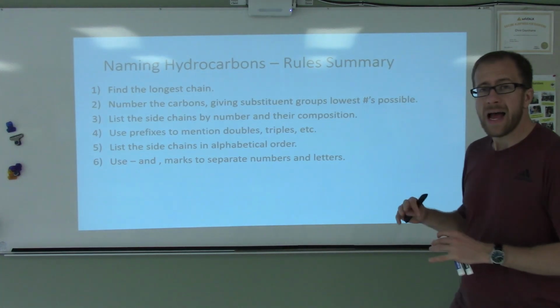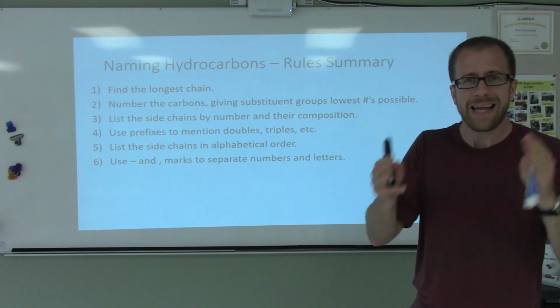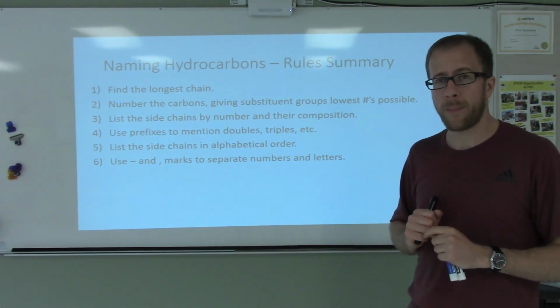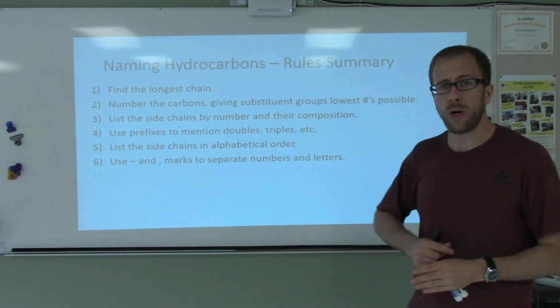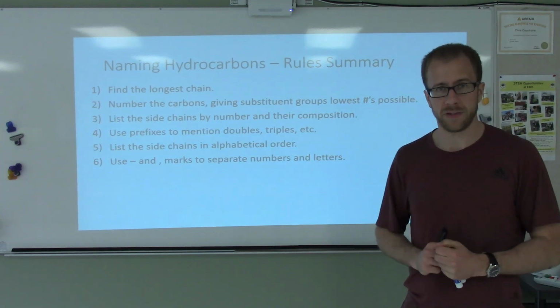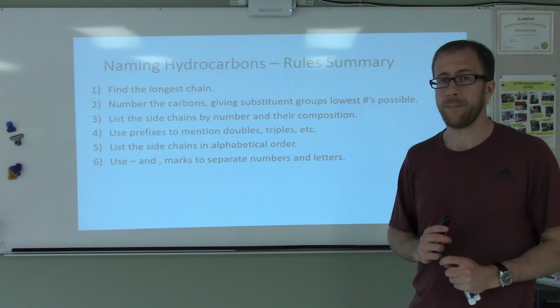Next, you want to put it all together. So put your substituent groups in alphabetical order and ensure you are using proper punctuation when you do so, separating numbers by commas and numbers and words by hyphens. If you follow those rules, you will get them right every time.